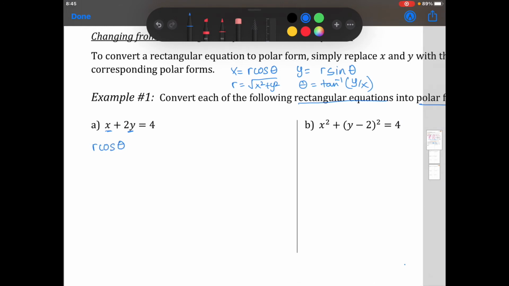Plus 2 times r sine theta equals 4. I can factor out the r from both of them, and write it as r times cosine theta plus 2 sine theta equals 4. Just factor out the r and write the remaining part of the equation simplified.